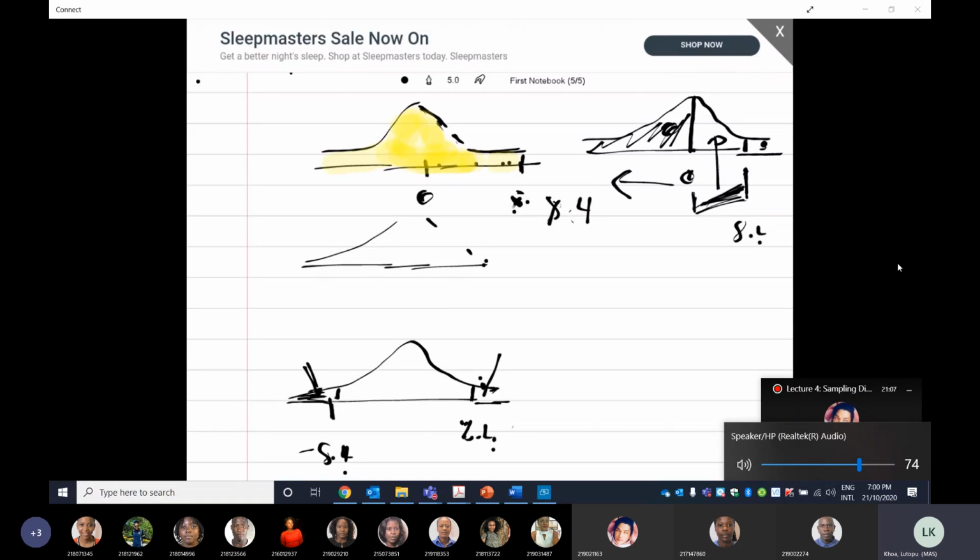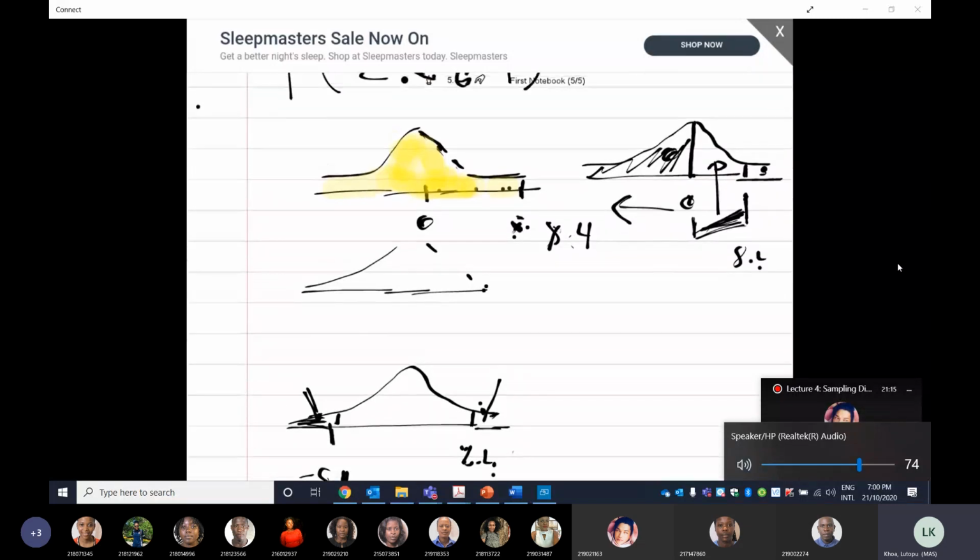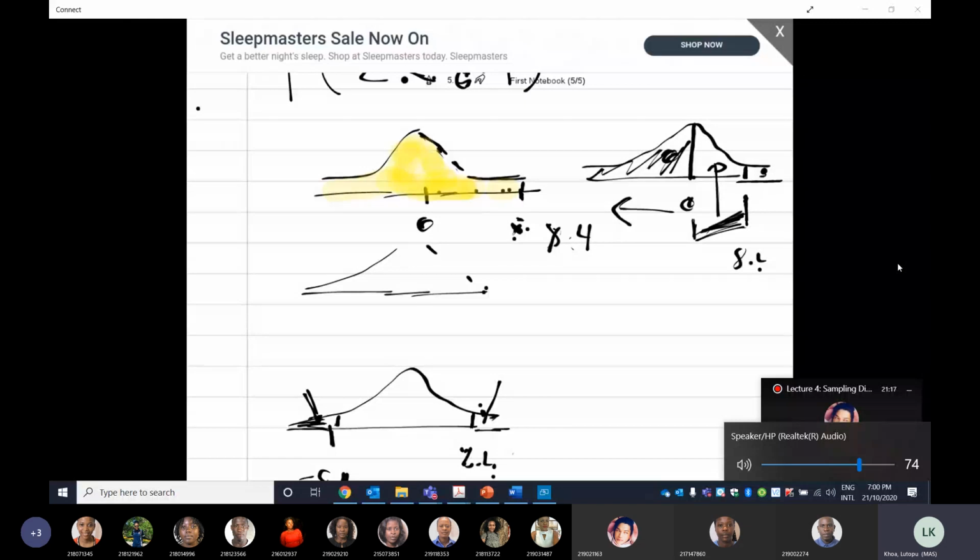One half is 0.5, the other half is 0.5. Together they make 1. And this small area on the right of 8.4 is the same as the area on the left of negative 8.4.